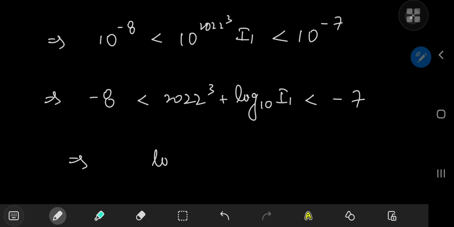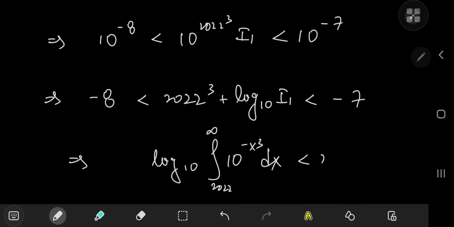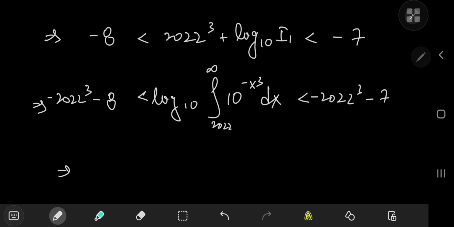So this implies that log base 10 of the integral from 2022 to infinity of 10 to the negative x cubed dx is less than negative 2022 cubed minus 7 and greater than negative 2022 cubed minus 8. So using the floor function, this implies that the floor of the logarithm of your integral that I'm not writing out again equals negative 2022 cubed minus 8.